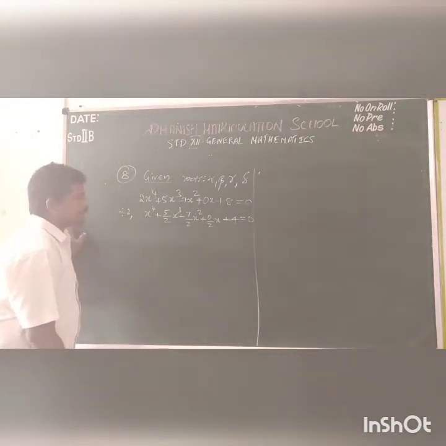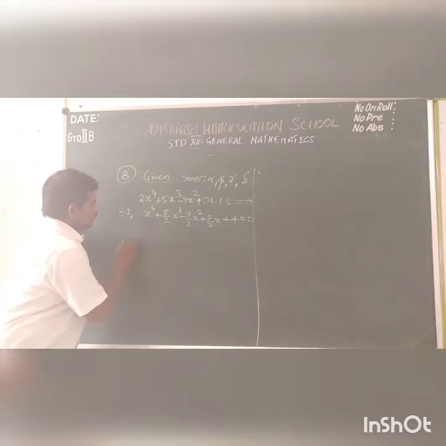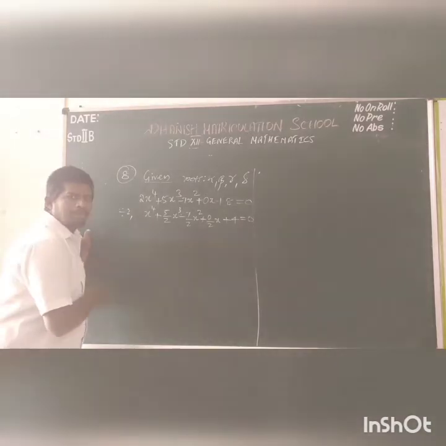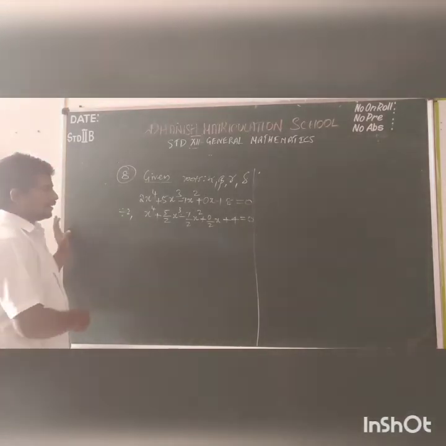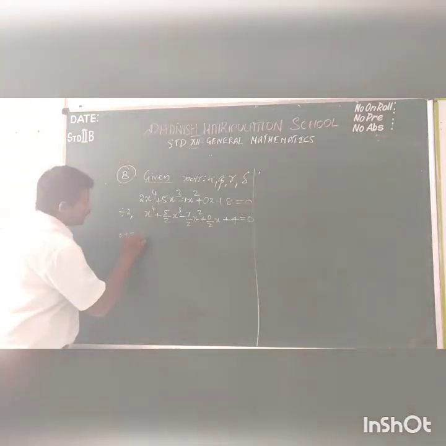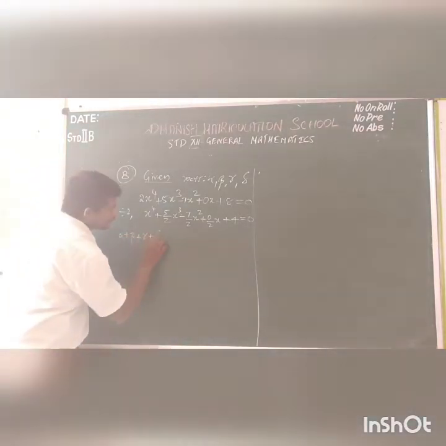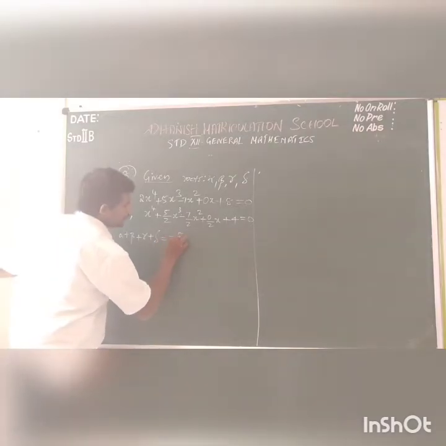By Vieta's formula, the sum of the roots taken one at a time: alpha plus beta plus gamma plus delta equals minus 5 by 2.